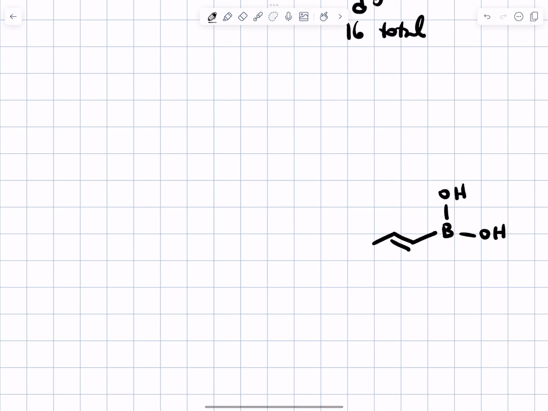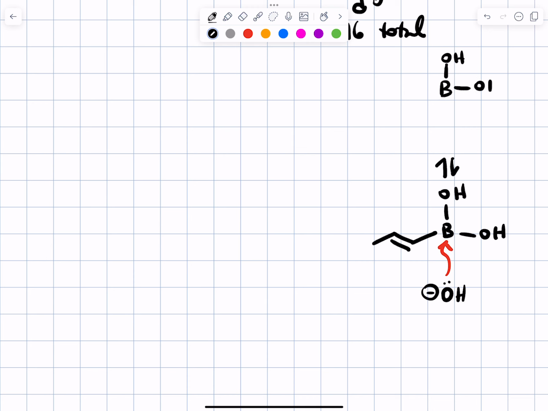Boron has an empty p orbital on it when it's only attached to 3 things. You got to dig way deep and think back to 351 to remember that. And hydroxide, which we have included in the reaction, will actually attack the boron and bind to it to make an electron-rich boron species that looks like this.